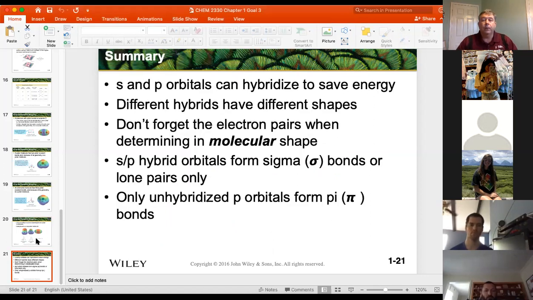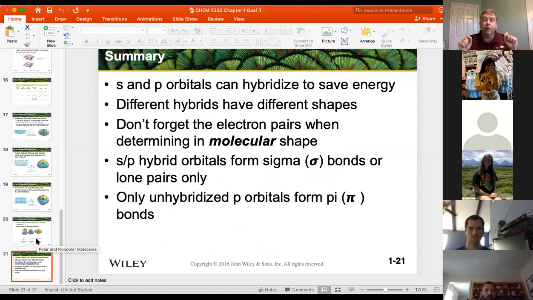So in summary of this section, goal number 3: S and P orbitals hybridize to give us energy. When they hybridize, they give us different shapes. So sp is a different shape than sp2, which is different than sp3.